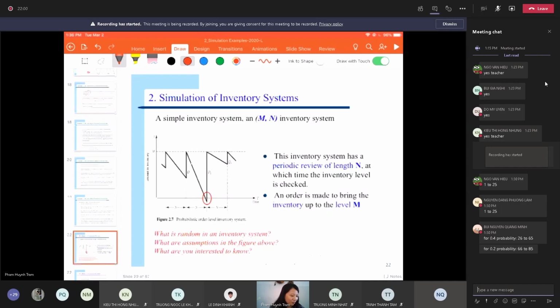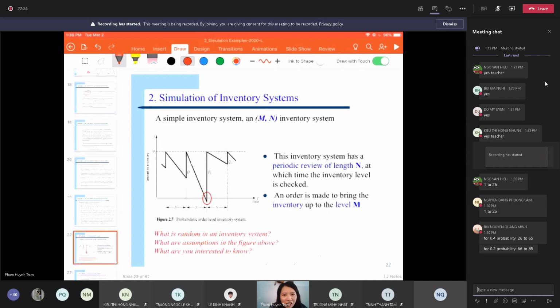So let's see what happens in the inventory system. We have inventory and we need to manage it so that we always satisfy customer demand, right? To meet that objective, we have to monitor our inventory level. If our inventory level is too low, we have to place an order with the supplier.